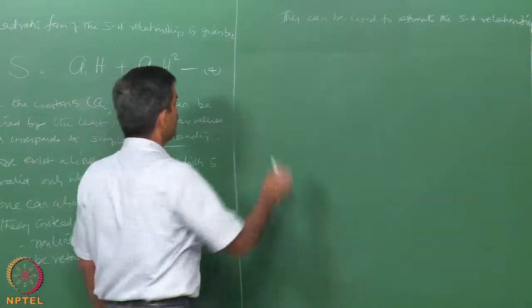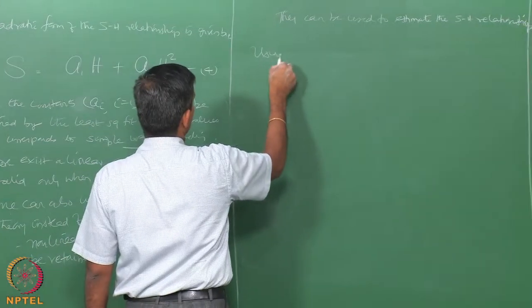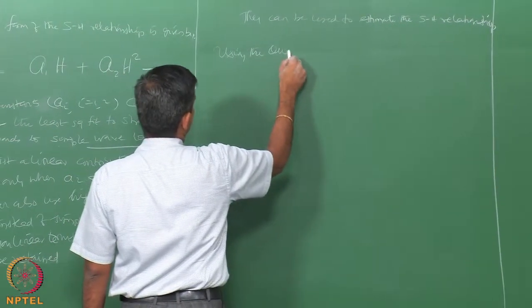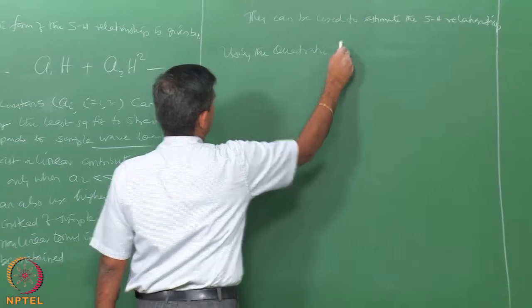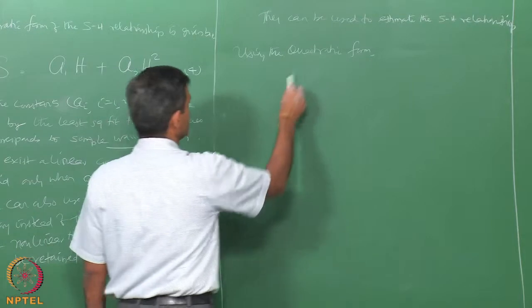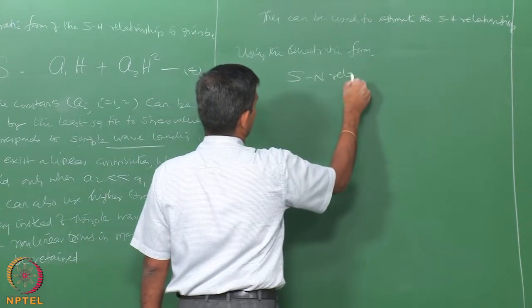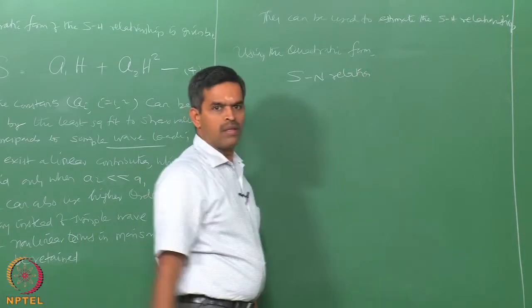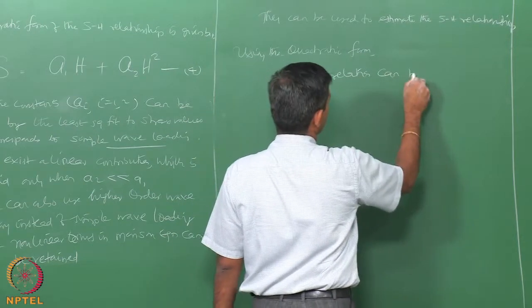So, now using the quadratic form, the SN relation can be modified.